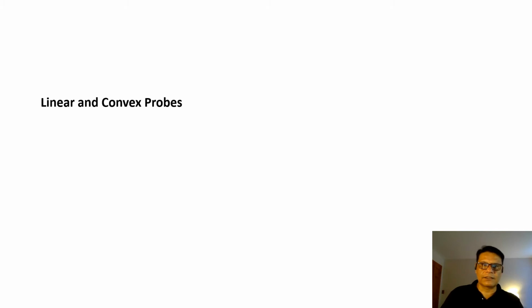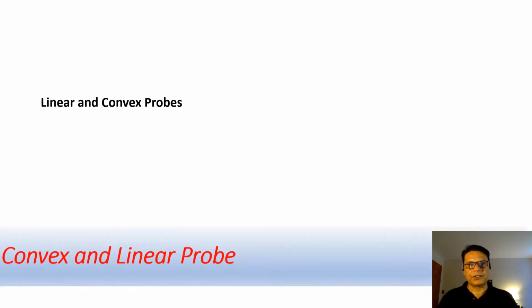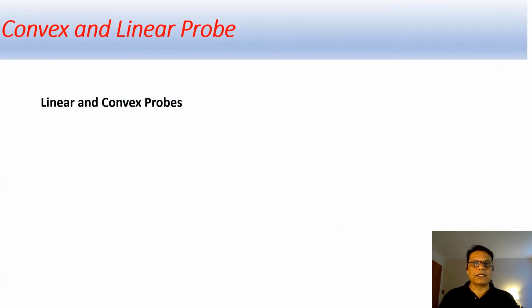So let's discuss something about probes. We will touch this topic in detail when we will discuss the chapter of transducer. So there are two basic types of probes, that are convex and linear.